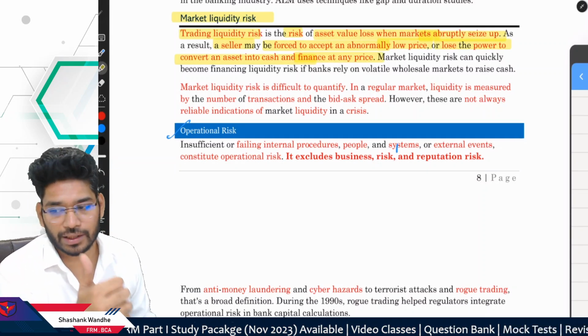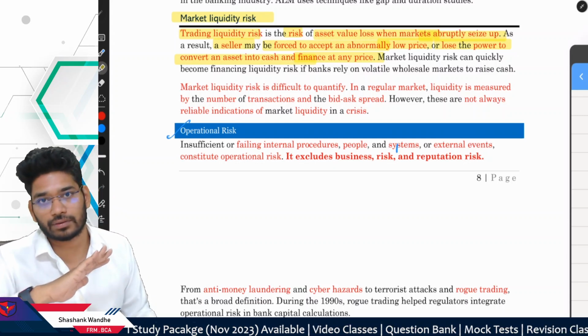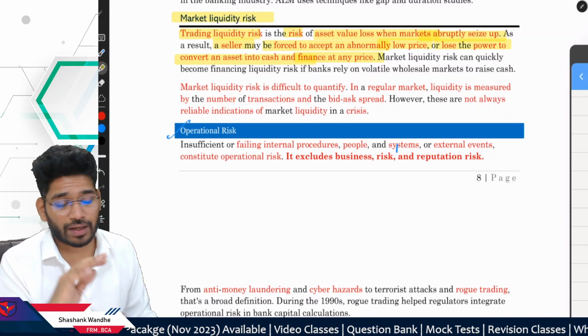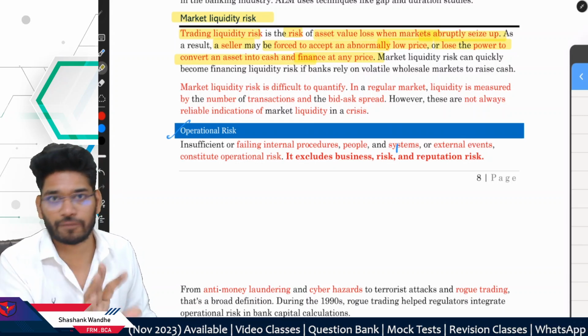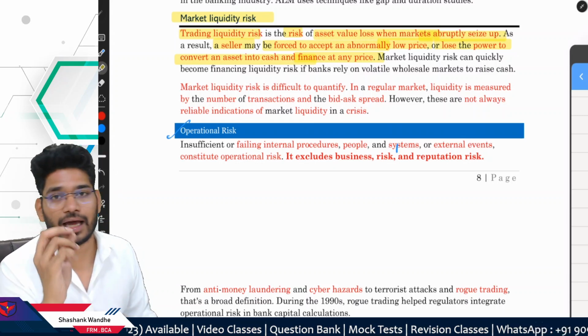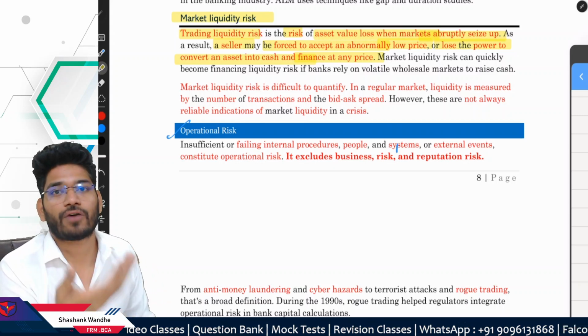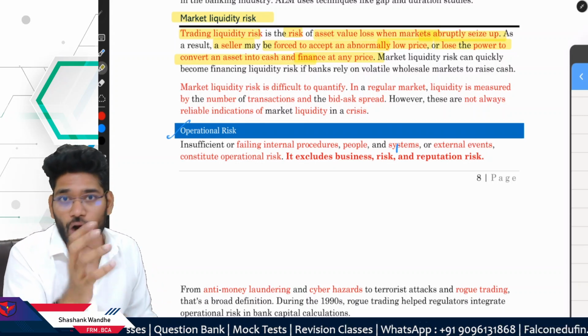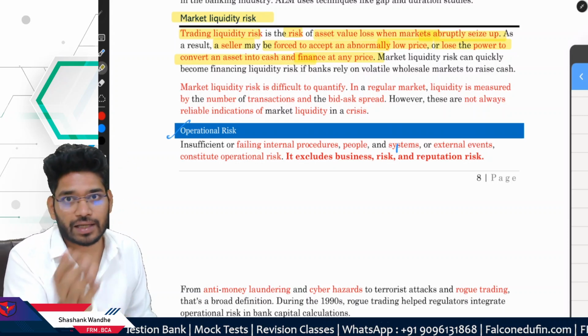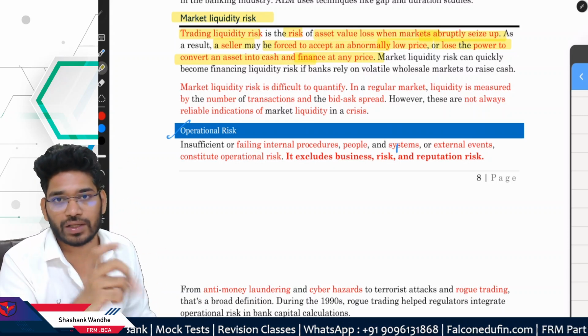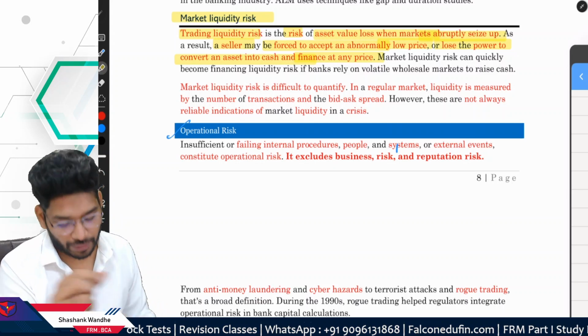If the investor or the bank decides, no, I will sell it at $50 per share only, you won't be able to sell it. So if you are unable to sell, you cannot convert your securities into liquid cash. This is also a type of market liquidity risk.